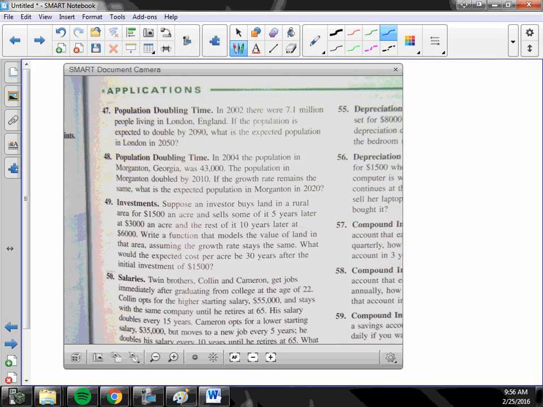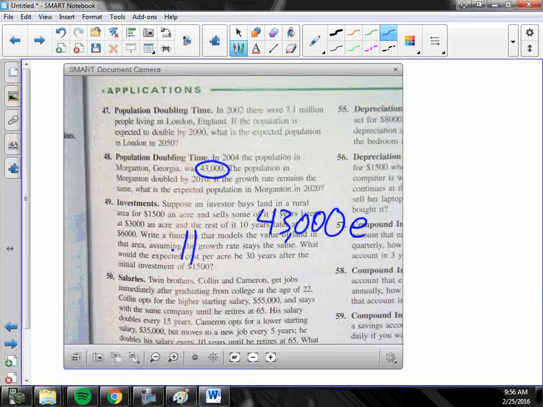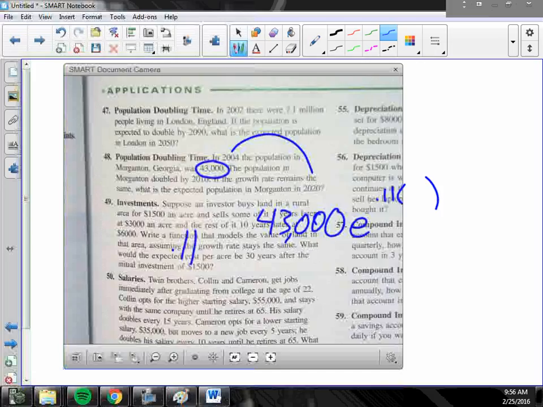All right, 47. So there were 7.1 million people living in London. If the population is expected to double, oh, we're not done. Sorry. So we have 0.11. So if I take this original 43,000, and then e to the 0.11, times how many years is it from 2004 to 2020? 16.